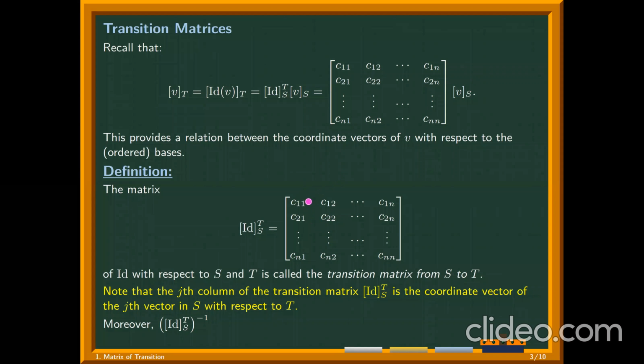Note that the columns in the transition matrix from S to T are linearly independent because they are coordinate vectors of basis elements. And so the transition matrix from S to T is invertible. And the inverse of the transition matrix from S to T is the transition matrix from T to S.